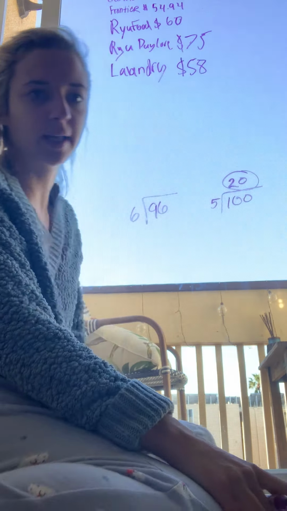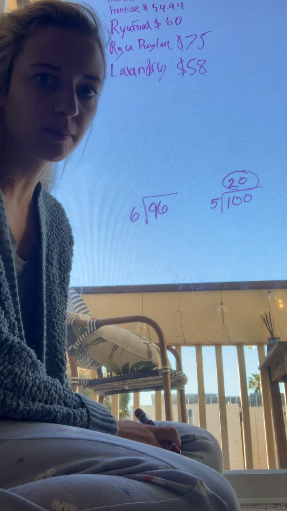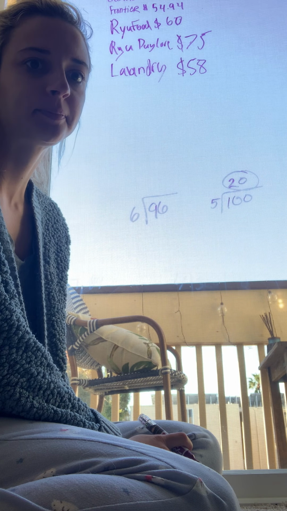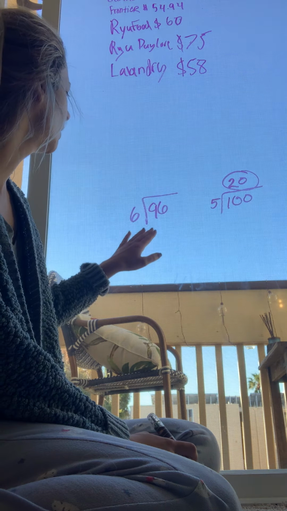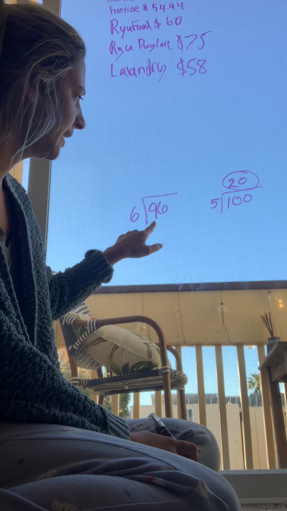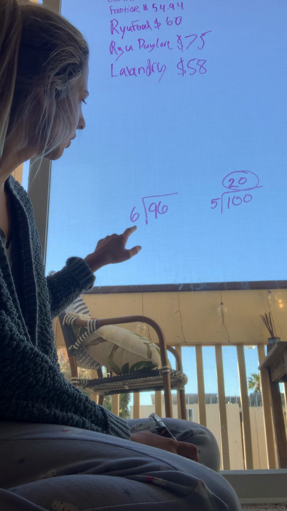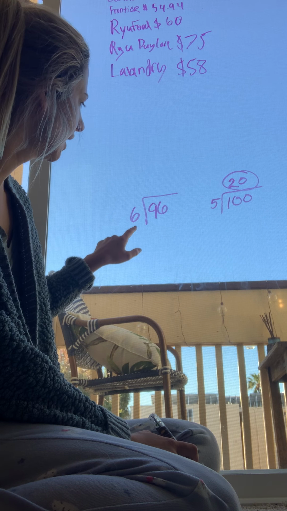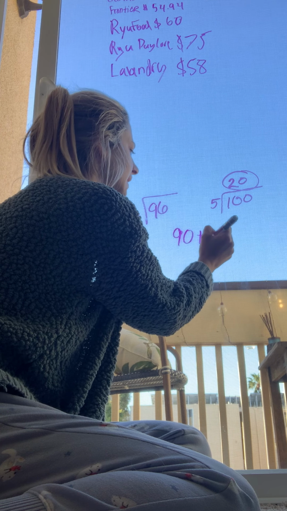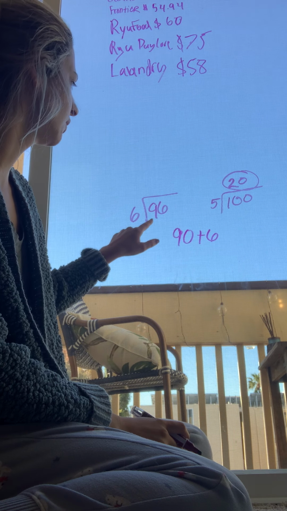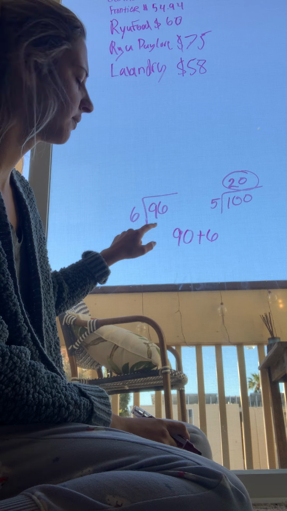So let me show you what to do for number one, okay? And you can follow along, you can pause, you can do what you need. So we have to break down 90 and 6 into something more friendly that we could divide 6 into. So I know that 90 plus 6 is equivalent to 96.